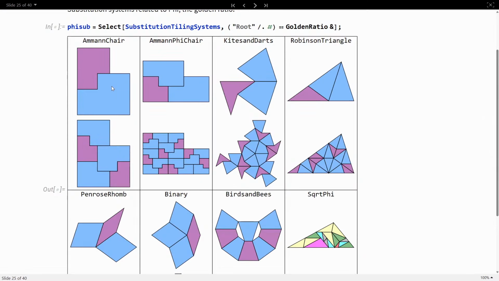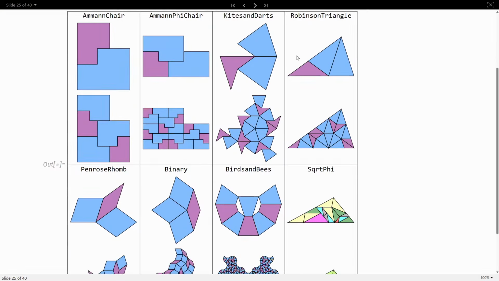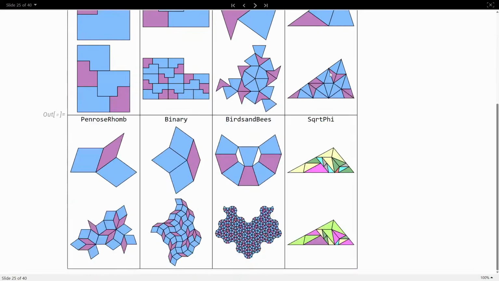Robert Amen and Carl Scherer both found this shape independently, and all the edges are powers of the square root of the golden ratio. The phi chair is a larger system. Kites and Darts by Roger Penrose, the Robinson tiles, and a couple others related to the Penrose tiles. And then there's the square root of phi system, which I found.